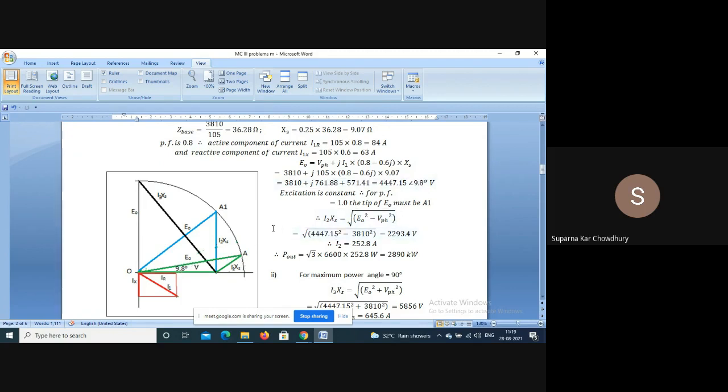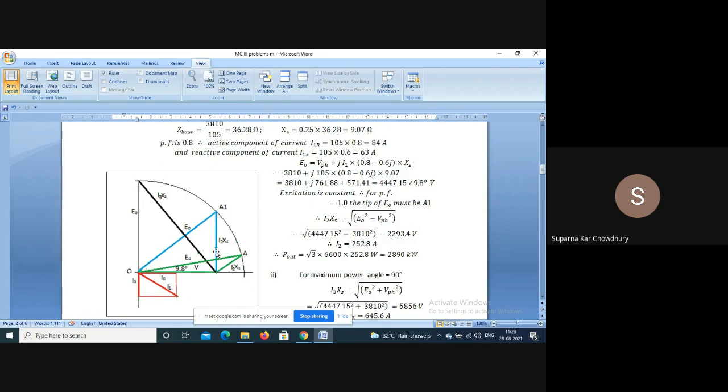Now it is said that excitation is constant. So whatever be the position of the phasor, the locus of this point will be a circle whose radius is this. So for unity power factor, current is in phase with the voltage. We have neglected RA. So I2 XS is perpendicular to it, and it cuts this circle at point A1.